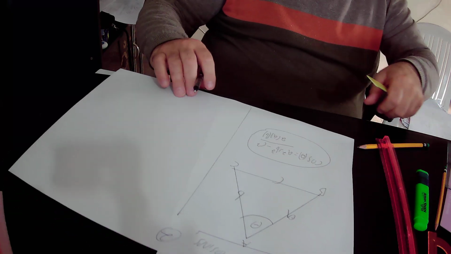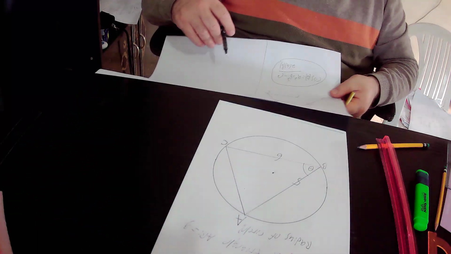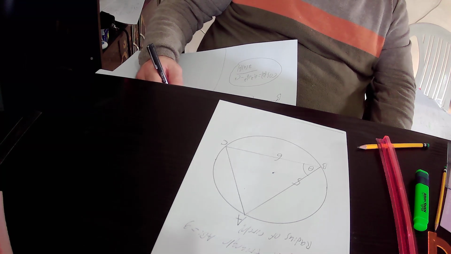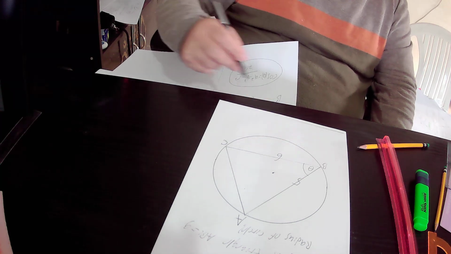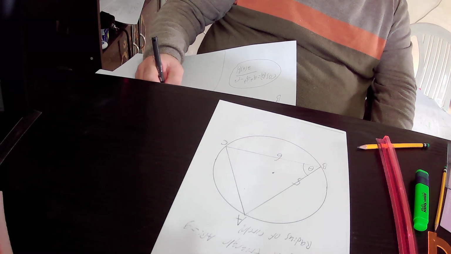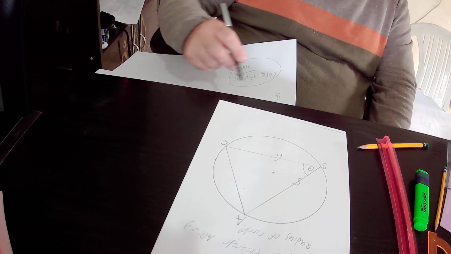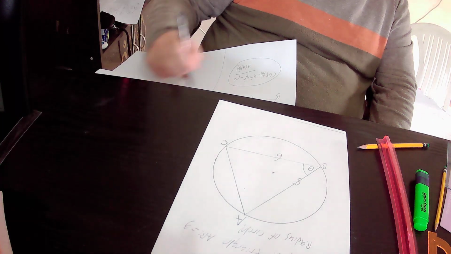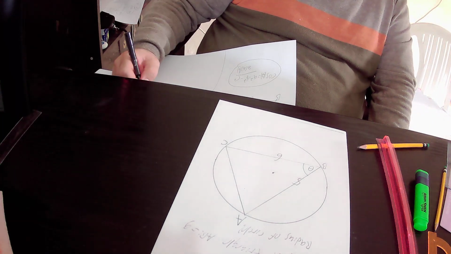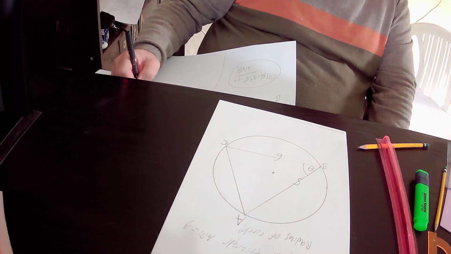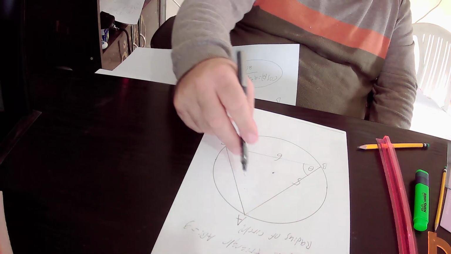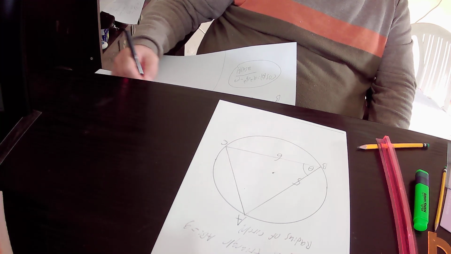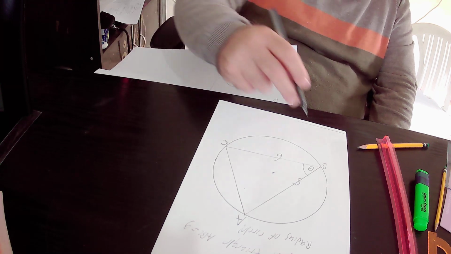We will implement the law of cosines in our triangle ABC. So according to the law of cosines, in our triangle ABC, cosine theta equals 5 squared, that is 25, plus 6 squared, that is 36, minus AC squared over 2 times 5 times 6.